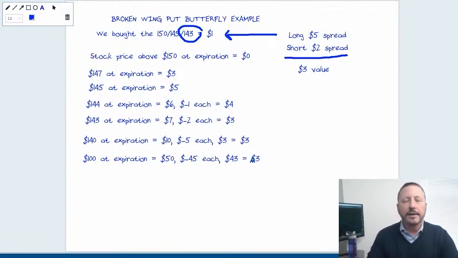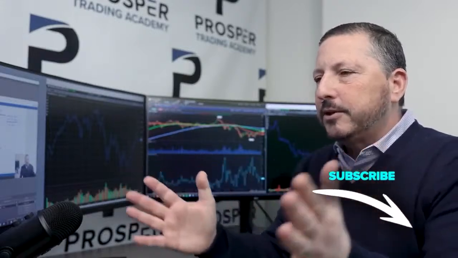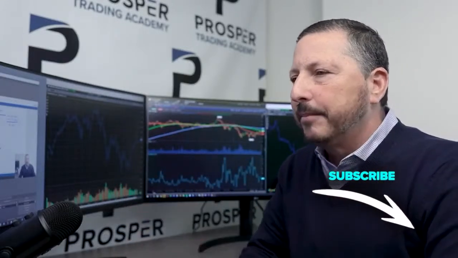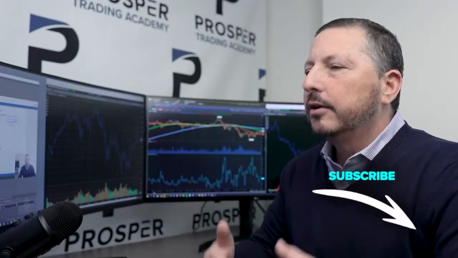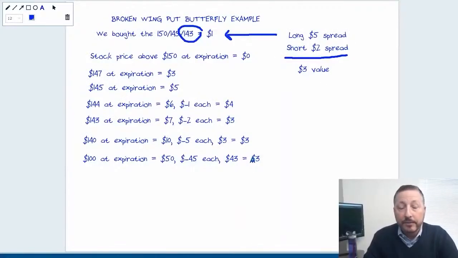It's still the same basic concept. We still do it in a 1 to 2 to 1 ratio. We still have one long spread versus one short spread, but just the difference between the spreads are not symmetrical. So it gives us more direction. That is really the big difference between a regular butterfly and a broken wing butterfly.